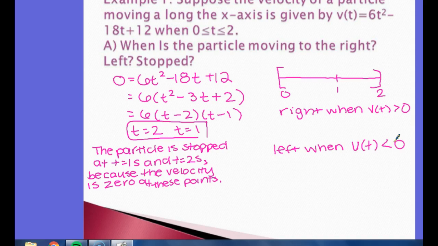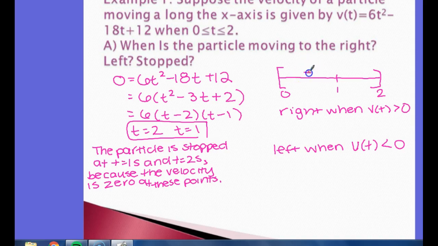So I'm concerned with what's happening between 0 and 1 and between 1 and 2 in terms of their signs, in terms of velocity. Between 0 and 1 is a half. If I plug a half in over here, a half minus 2 is negative. A half minus 1 is negative. A negative times a negative is a positive.